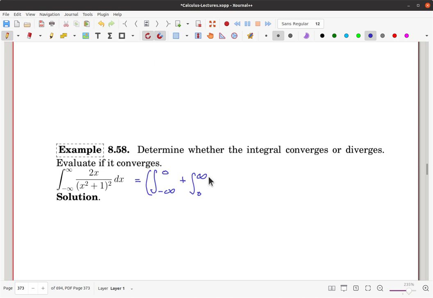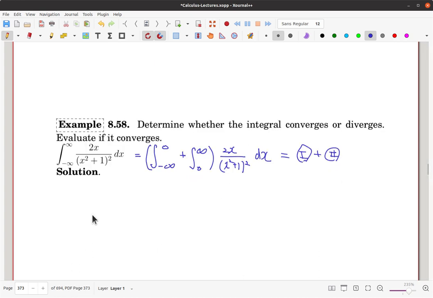For both portions we have the integrand 2x over (x squared plus 1) squared, dx. The first is part 1 and the second is part 2. Then part by part, you get the value and add part 1 and part 2.